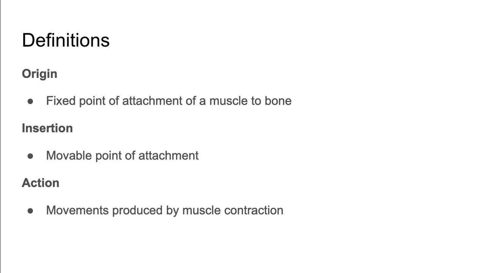When you do that, you're moving your forearm up. And so the origin is going to be up in the upper part of your humerus, and the insertion point will be more distal to that, right? So that's the more movable point. So it allows your lower arm or forearm to move up, right, to flex your arm.